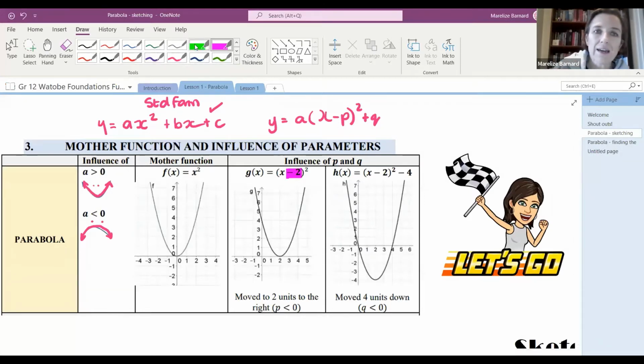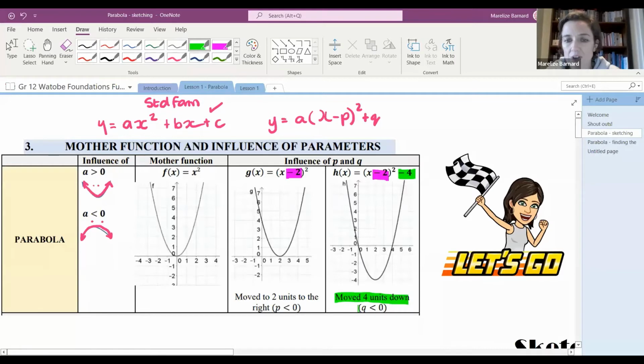So over here, we have shifted it still to the right, but we have also shifted it 4 units down. So that P, which is the minus 2, is the shift horizontally, and the Q is the vertical shift. So minus 4 means 4 units down, because Q is smaller than 0, and 2 units to the right because P is smaller than 0.